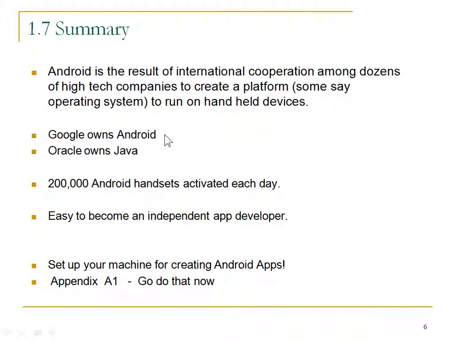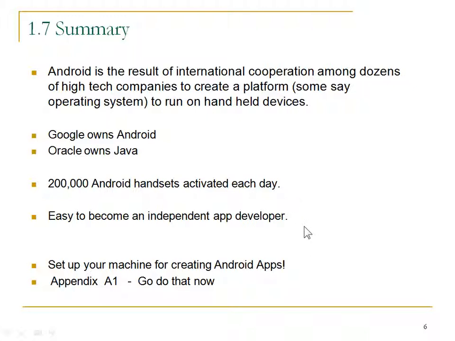Google owns Android, and Oracle owns Java, and Android applications are programmed in Java. The interesting thing here to me is the 200,000 Android handsets activated each day. If you do some math with that number, it's kind of difficult to believe, but I don't know, I'll believe it. If each of you has 6 of them in your house, maybe that's possible.